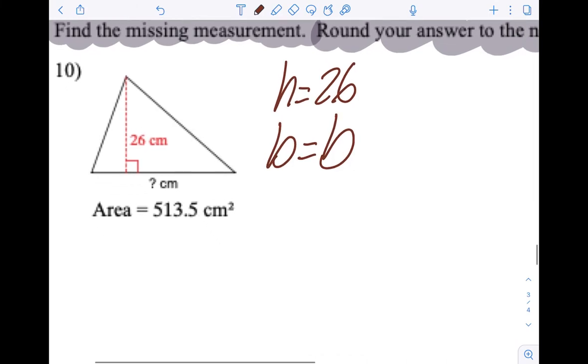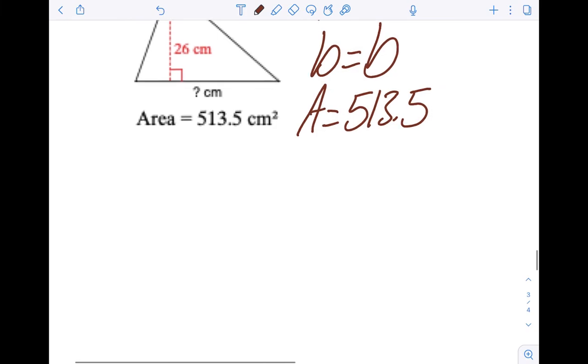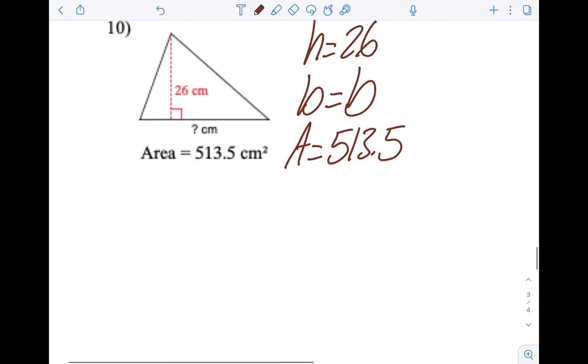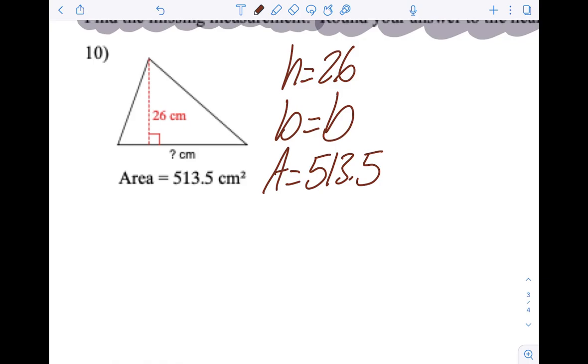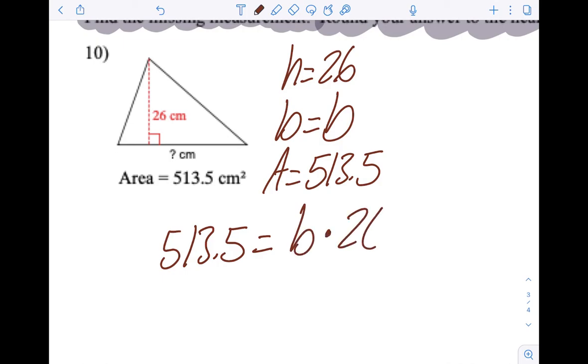Right? And look at this. They give us the area. The area is 513.5 centimeters squared. So the area of a triangle, which is 513.5, is equal to base, which is B, times height divided by 2.